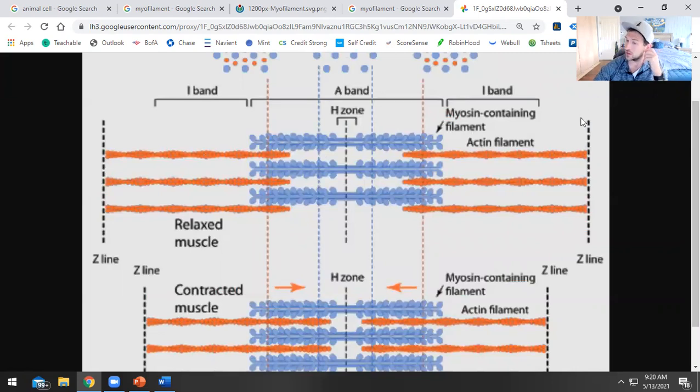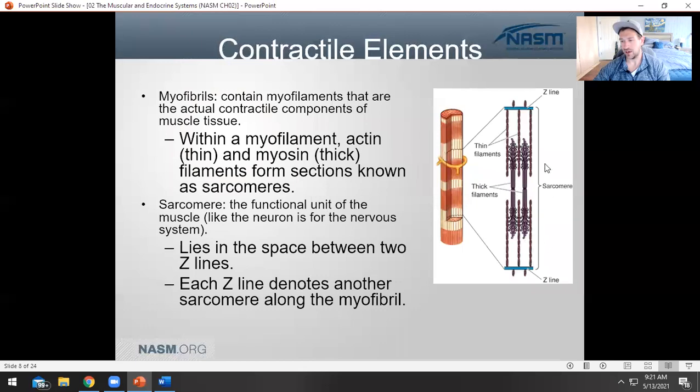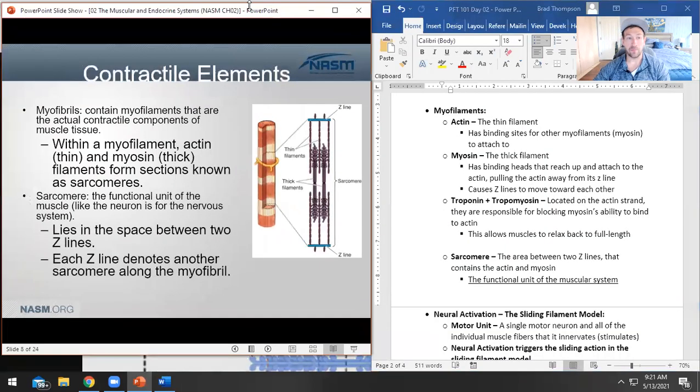This would be what a myofibril looks like. It is this big, long strand of all of these little proteins tied together. These proteins are your myofilaments. So giving a little intro, you can see we've got a picture of that here. I just think it's a little bit too small.